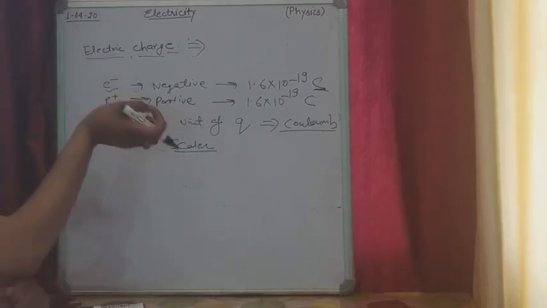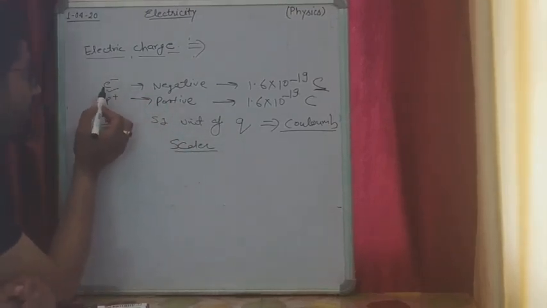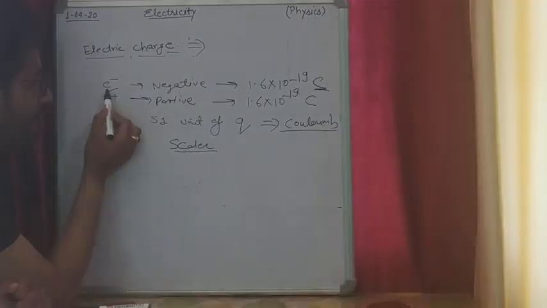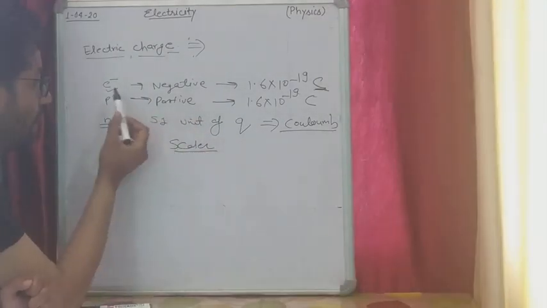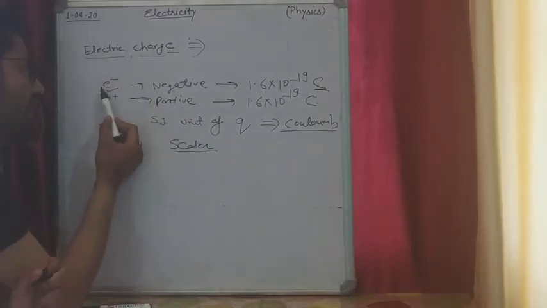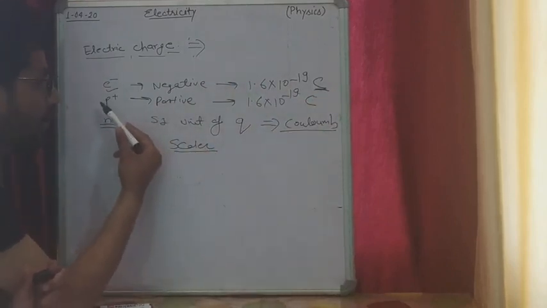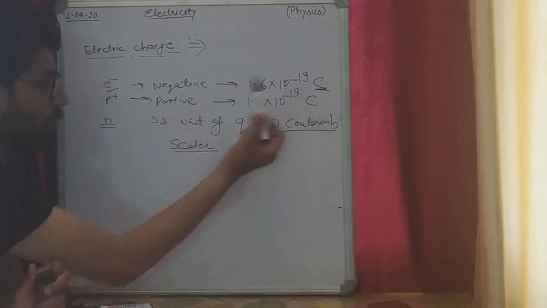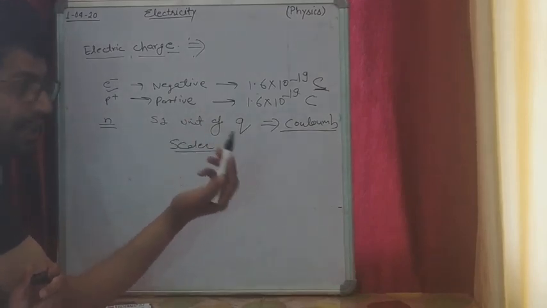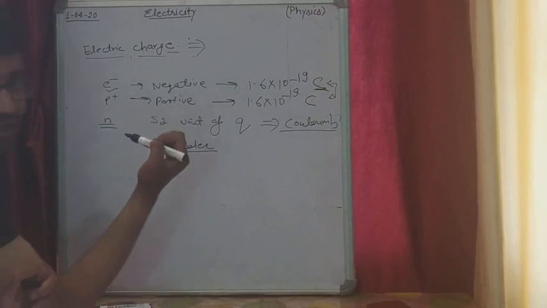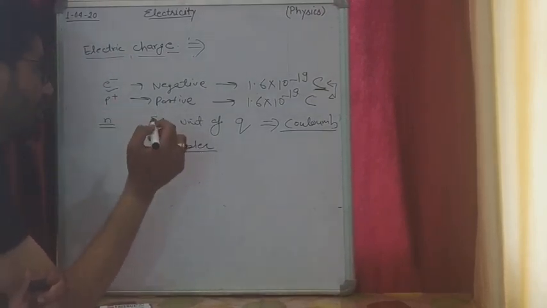Okay? What am I saying to you? We have two elementary particles, electrons and protons. Electron has negative charge and proton has positive charge. Value of charge in an electron is 1.6 into 10 to the power minus 19 coulomb, and in proton also 1.6 into 10 to the power minus 19 coulomb. Value is the same in both the elementary particles, but we should know this thing.